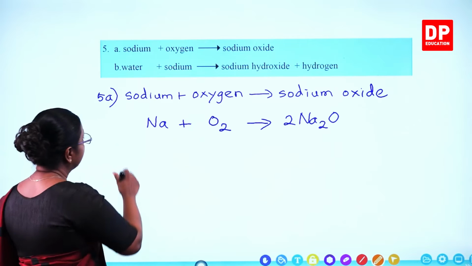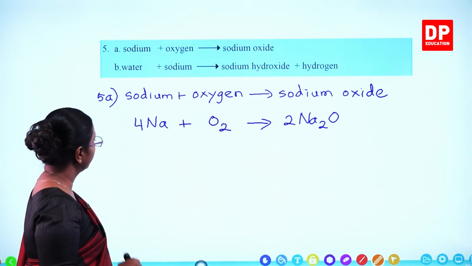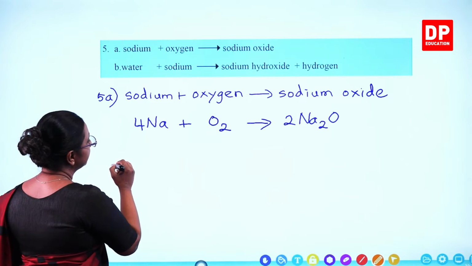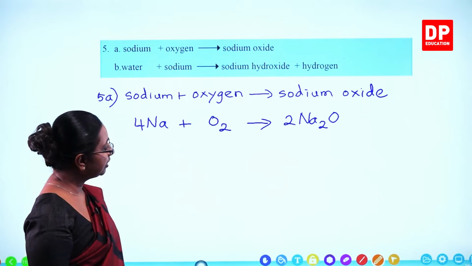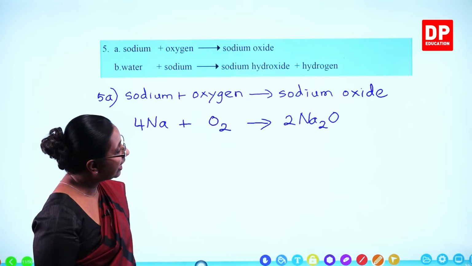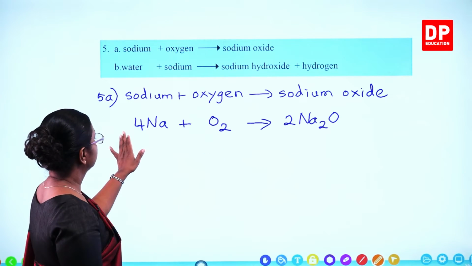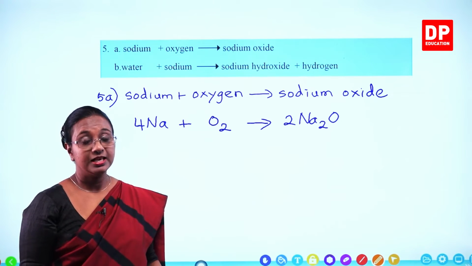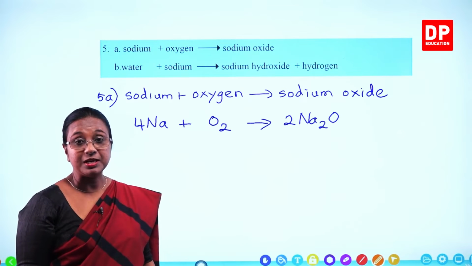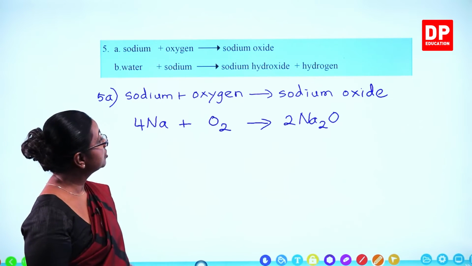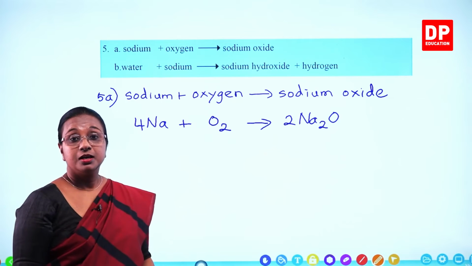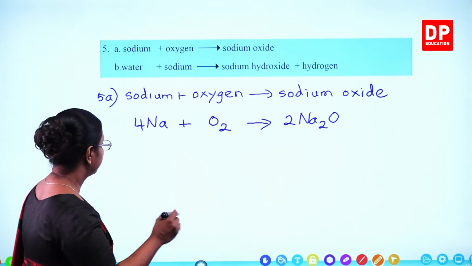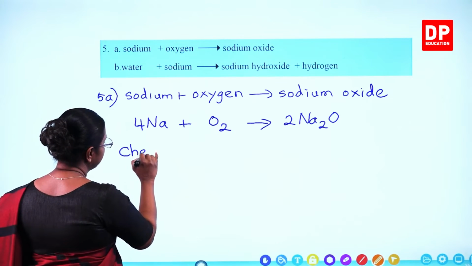So to balance that, we put a coefficient 4 in front of sodium. So 4 sodium atoms combine with O2 molecule to give rise to 2 Na2O. Sodium with oxygen giving rise to sodium oxide. That is the balanced chemical equation for the reaction of sodium and oxygen chemically combining to form sodium oxide. So this is a chemical combination reaction.